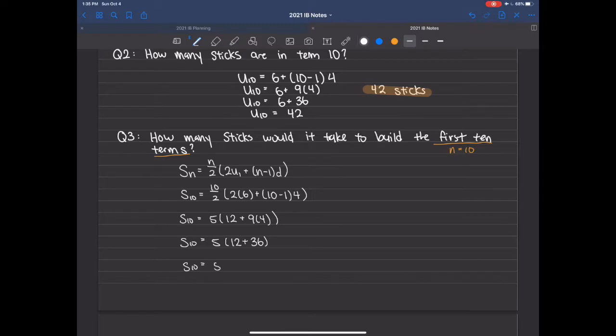So S sub 10 equals 5 times 48. And so it would take a total of 240 sticks to build out all of the first 10 terms in this sequence.